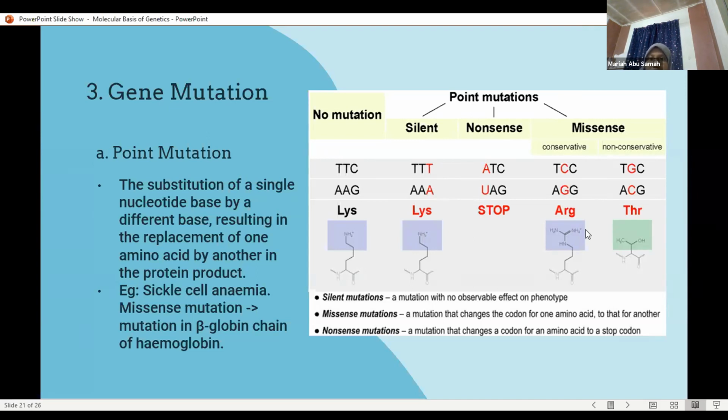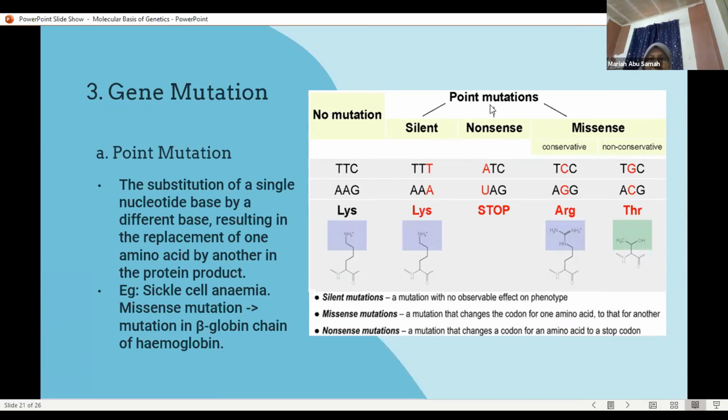In conservative mutation, the mutation will affect the function, but only a minor effect. But non-conservative will cause a big effect, such as sickle cell anemia. It will change the shape of the RBC into a sickle shape.